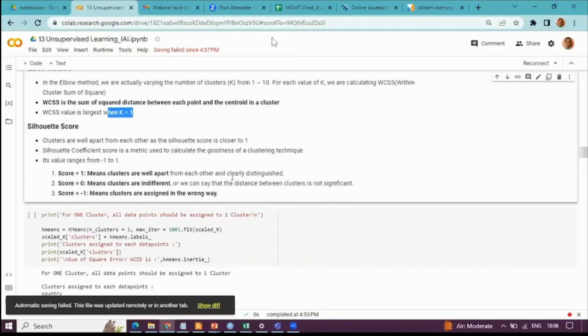Whatever is existing is the between sum of squares. But the within sum of squares is 0, which means all the elements within the cluster are one single point. Then only the within sum of squares will be 0. So within the cluster sum of squares is 0, and between the clusters is very high, non-zero. That is when we say that we will get a perfect 1.